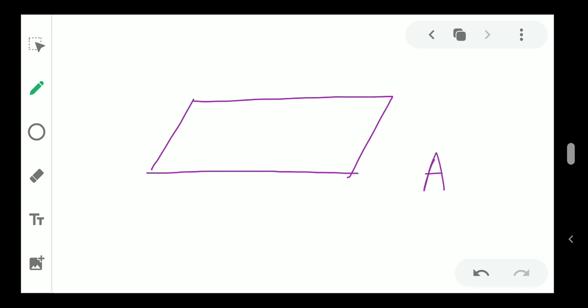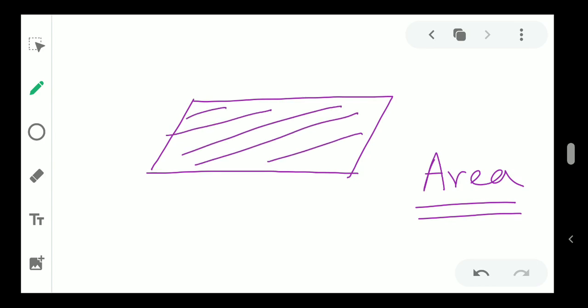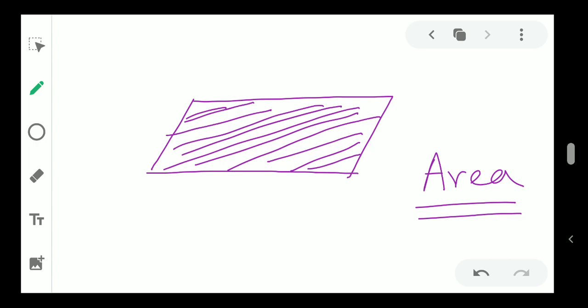One last thing I will try to tell you, that I told you already that area is a vector quantity. But you must be thinking how it can be. Area is kind of a plane, the space inside some closed structure or closed loop. Then what will be the direction of the area?